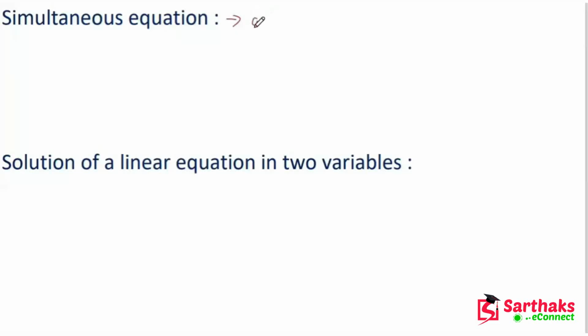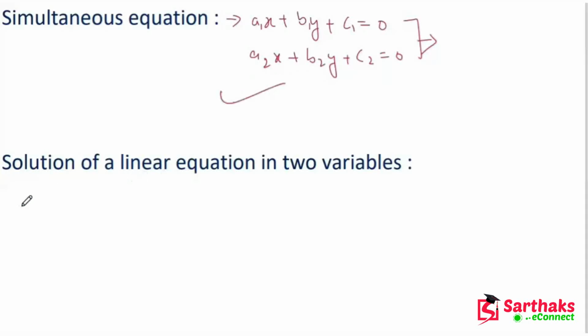Let's suppose a1x plus b1y plus c1 equals 0, and a2x plus b2y plus c2 equals 0. The pair of these linear equations in two variables is called simultaneous equations.